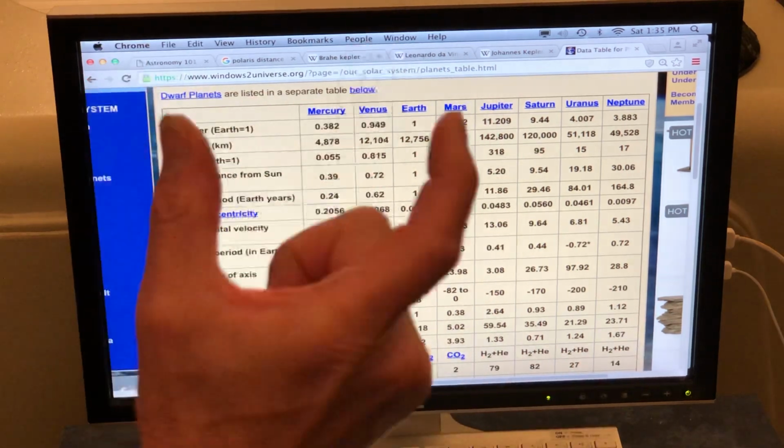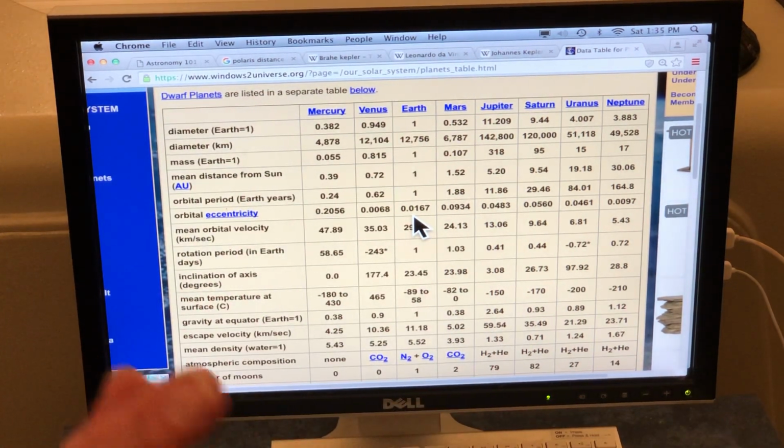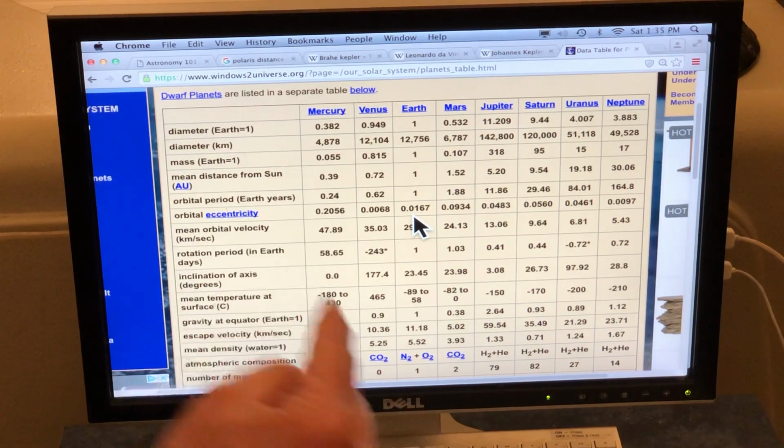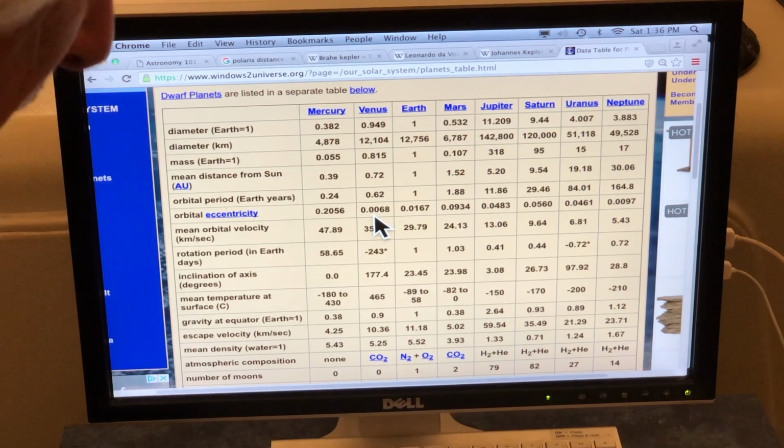It's so close to a circle, and this is going to tell us something in chapter 4 about seasons. So when we draw it really stretched out, we're exaggerating the point. Remember, 0.1 looks like a circle. This is 0.016. This is almost a perfect circle, but it's a little stretched out.